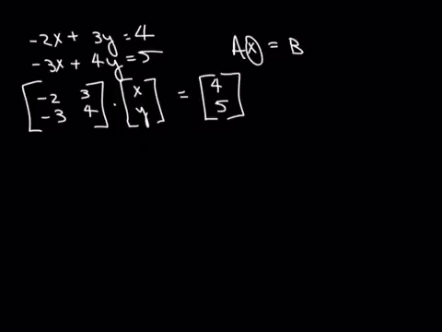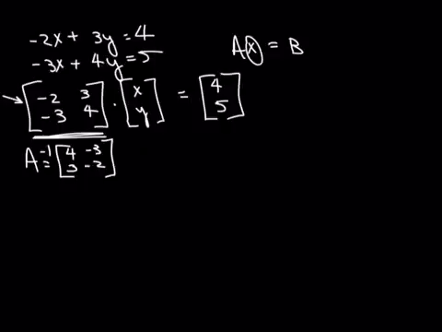So first thing we're going to do is take the inverse of this. So you're going to have to find the inverse. Now back in example 3, we found that the inverse of this was 4, -3, 3, -2. Normally you'll just have to find that.